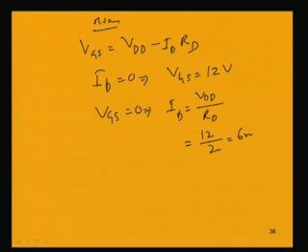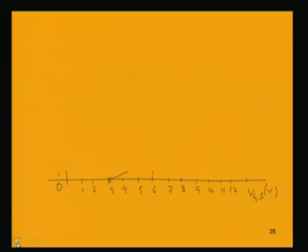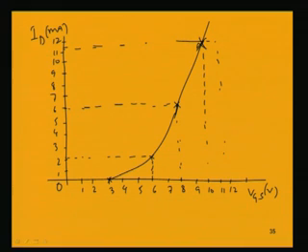So, we get 6 milliampere. We can draw the straight line, one at 6 milliampere here and the other at 12 volt. Joining these two, we get a straight line. This is for the bias circuit.